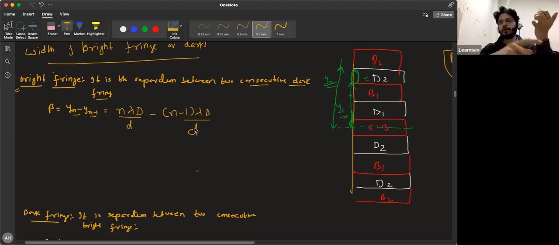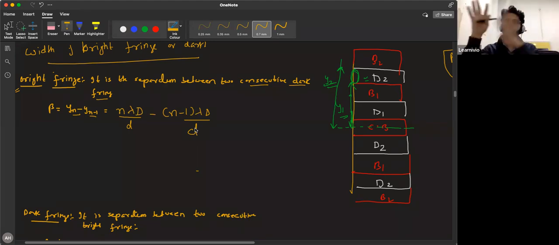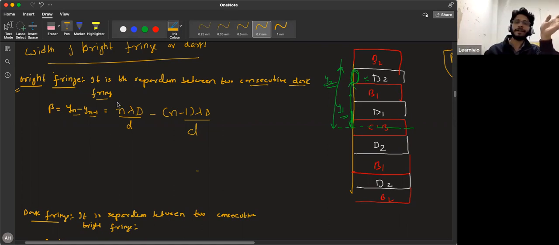You can subtract the second bright fringe separation from the third bright fringe separation to get the width of the dark fringe. You can subtract the third bright fringe separation from the fourth to get the width of the dark fringe. Or I can subtract the n minus 1th bright fringe separation, consecutive bright fringes.